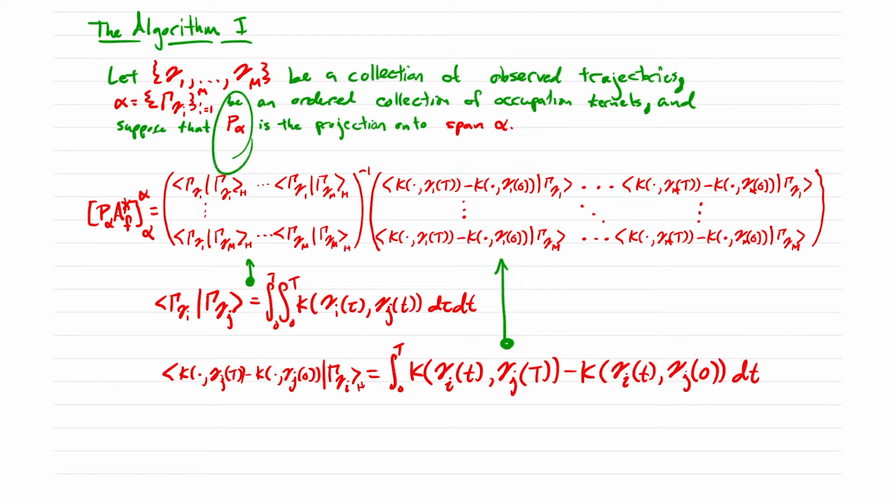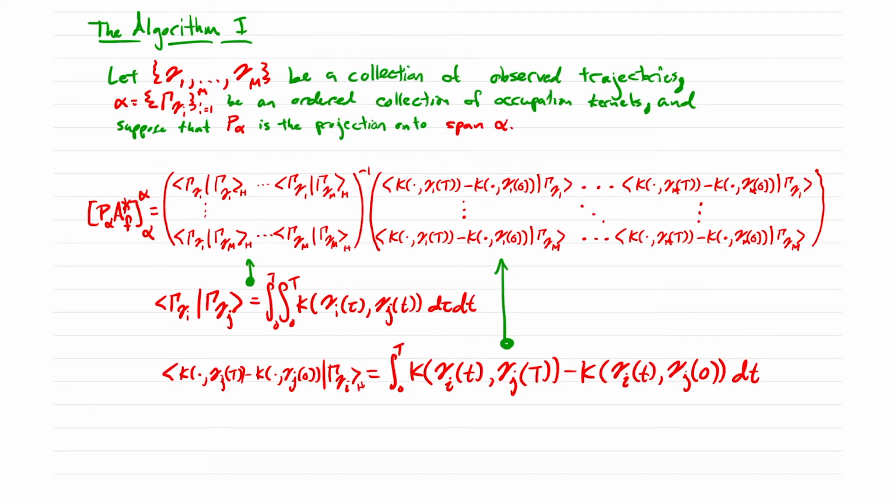And so we take a look at this projection onto the span of alpha, and now we want to compute the matrix representation. Now I could talk about the projection onto alpha of AF star, and then have another projection before AF star, and do all that stuff, but then you'd end up having to deal with the entire Hilbert space. So it's simpler to talk about just restricting ourselves to alpha as the domain and range.